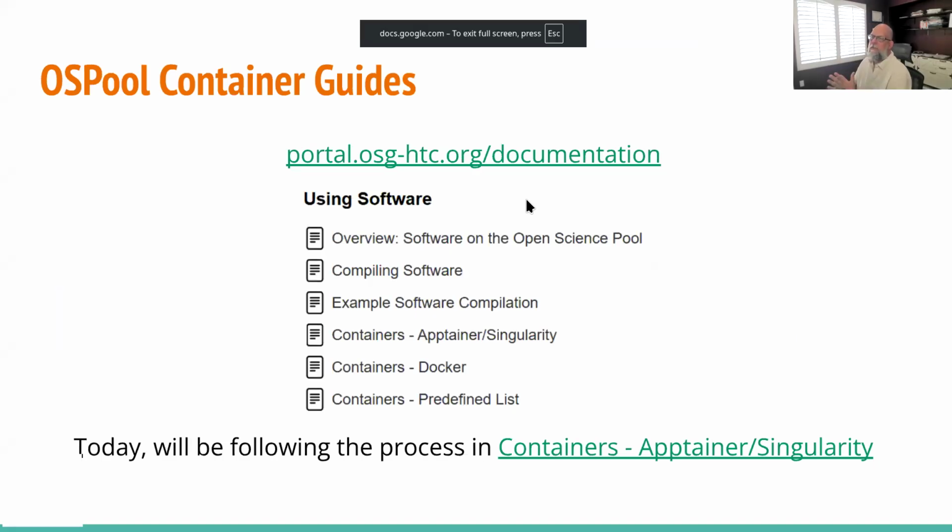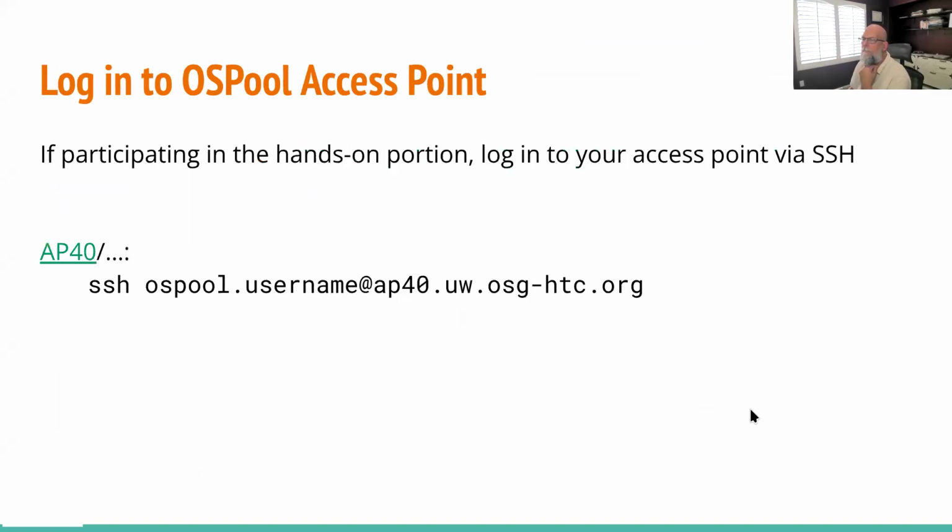All right. So as I said, all the things I'm going to show you here are in the OSPool documentation, and there's a link there for containers, Apptainer Singularity. If you want to follow along here, you need to be able to log into one of the access points.